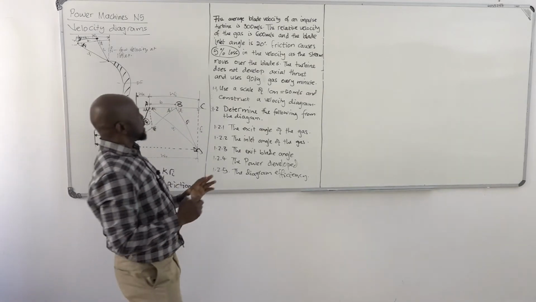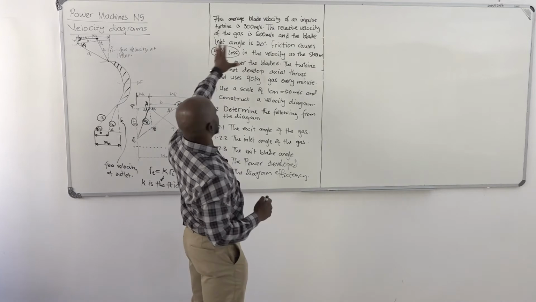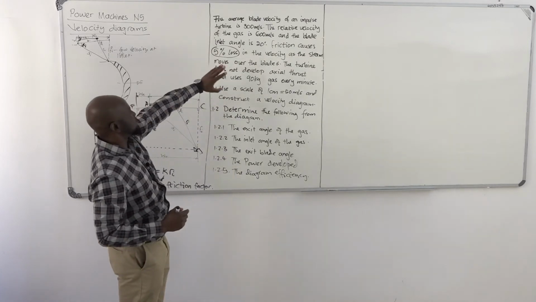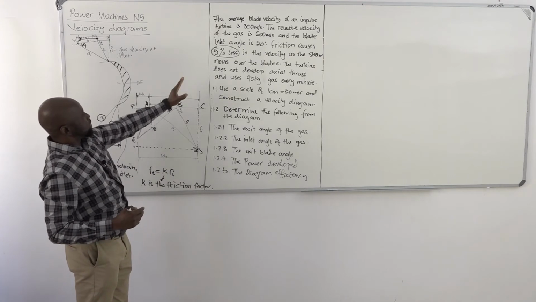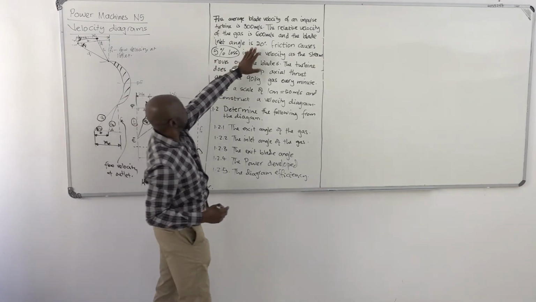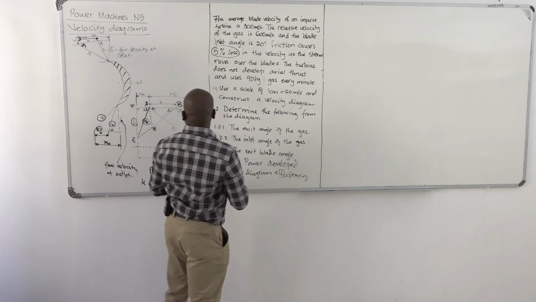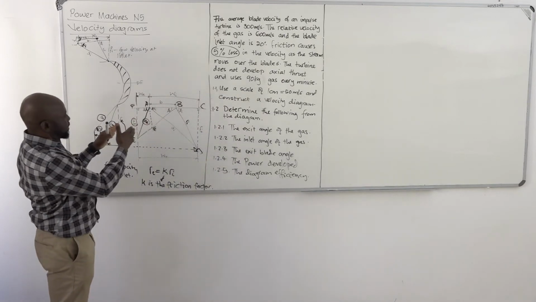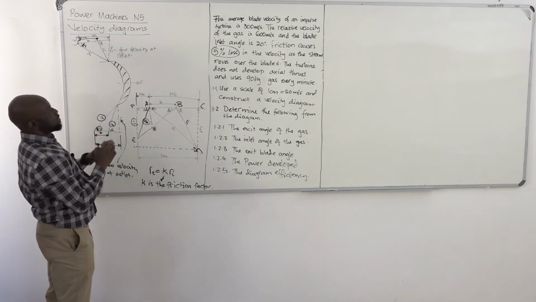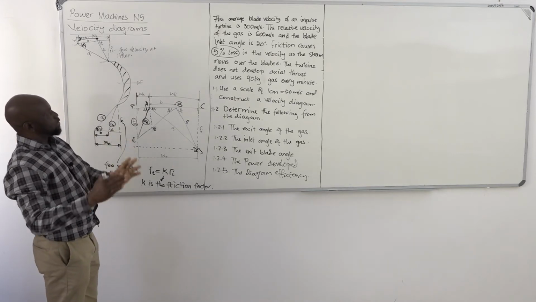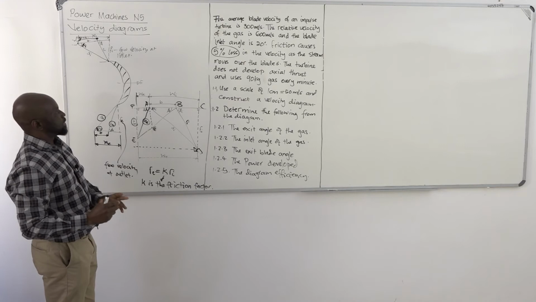What I will encourage you to do is to draw a skeletal velocity diagram of what is happening there, putting into the velocity diagram these values that you have here. I'm going to use this diagram to put in the values from that question. The question says the average blade velocity of an impulse turbine is 300 meters per second.